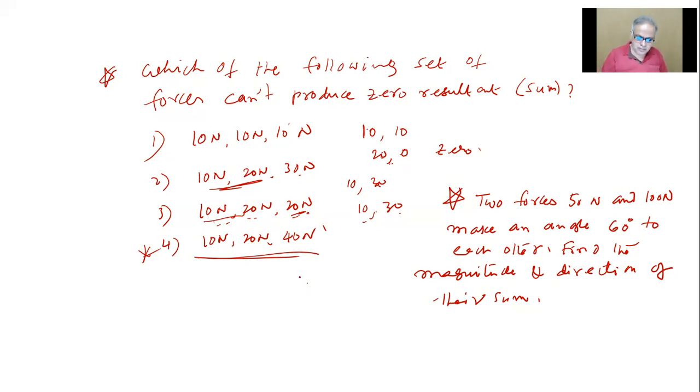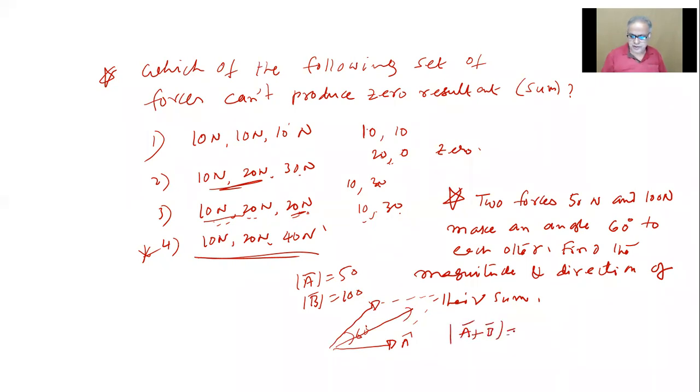Okay, you can say mod A is 50, mod B is 100. That means you can put A like this and B like this to visualize. This angle is 60. So the resultant will be somewhat like that, which comes from the formula. Mod of vector A plus vector B is root of 50 square plus 100 square plus 2 into 50 into 100 into cos 60.